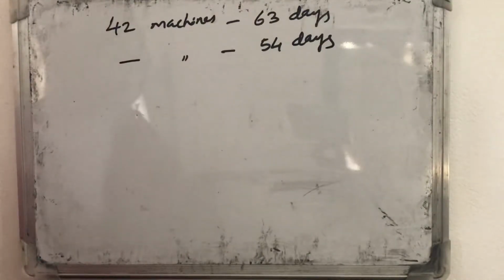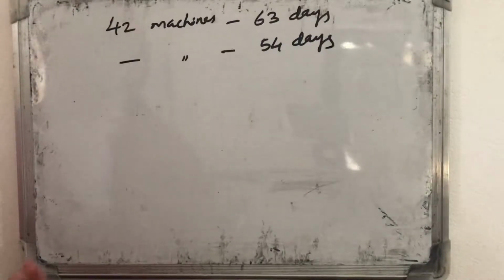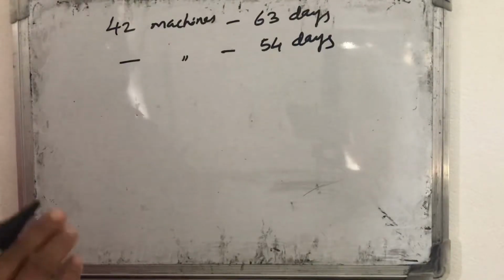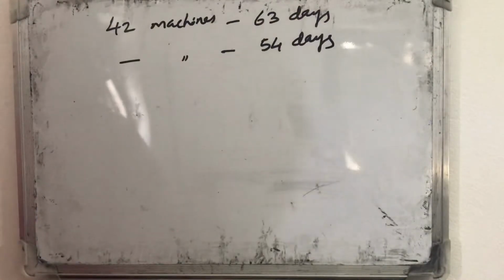So we can think: if the number of machines increases, the number of days will decrease. Just like if the number of machines decreases, or if the machines are slow, then we need more days to finish that work. So it is an inverse variation.